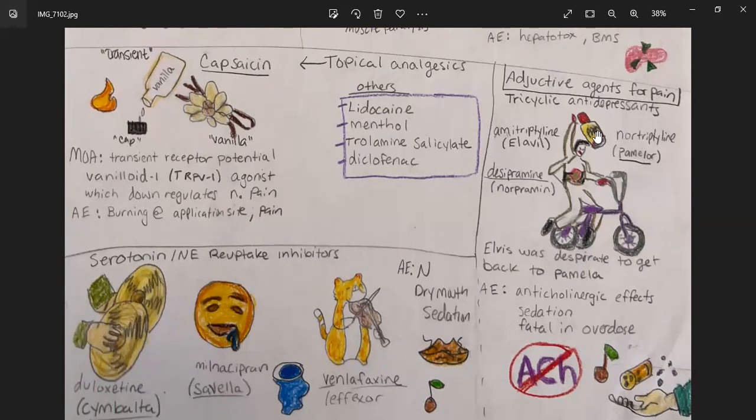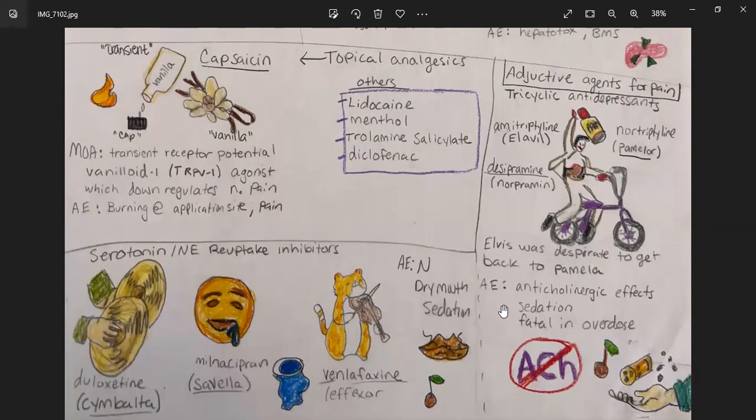These are 3 types of tricyclic antidepressants. So tricycle for tricyclic. And the adverse effects are that they have anticholinergic effects, sedation, and it can be fatal in overdose. And if we remember, Elvis overdosed and he died.